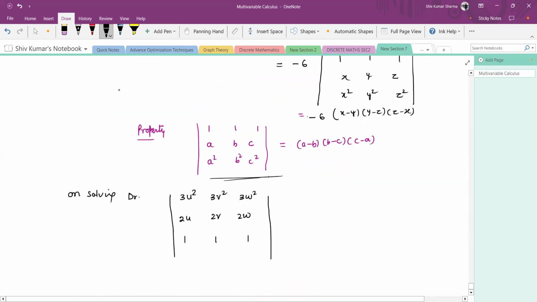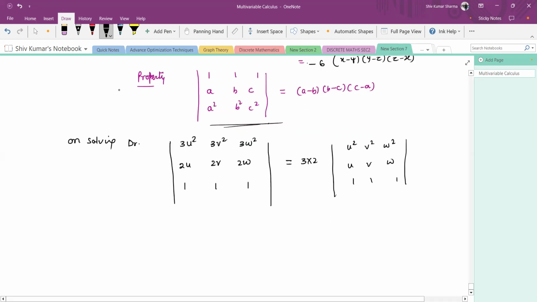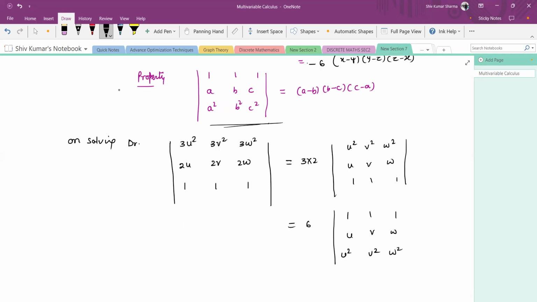So similarly, when we simplify this determinant, we can take 3 common from row 1 and 2 from row 2. So 3 into 2, and we write down u square, v square, w square, u v w, 1, 1, 1. Okay. While interchanging the rows of this determinant, we can write this as 1 1 1, u v w, u square, v square and w square.